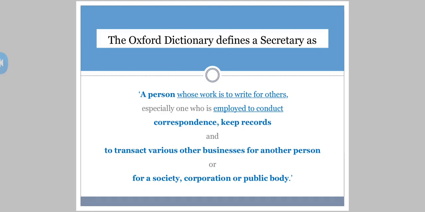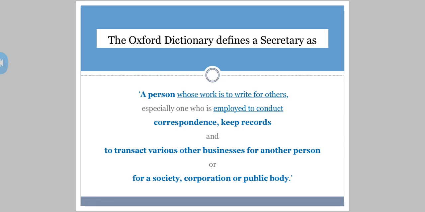Now we are going to see this definition in detail. A person whose work is to write for others, we have seen doing correspondence, especially one who is employed to conduct. What do you mean here by employed?